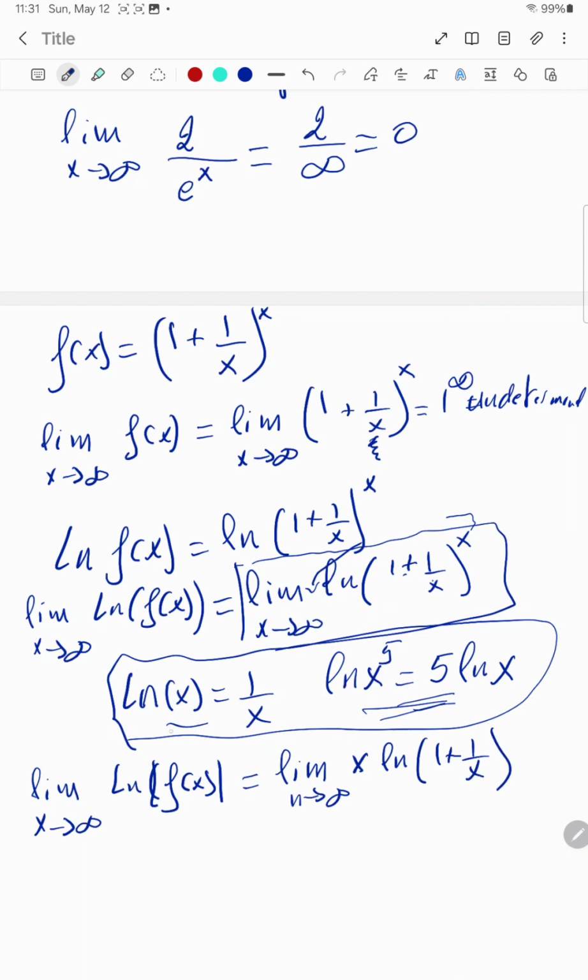Now I want to use that rule that is here. I know the derivative of ln of x is 1 over x. So this is equal to the limit when x goes to infinity of x, and instead of ln of 1 plus 1 over x, I will put 1 divided by 1 plus 1 over x.